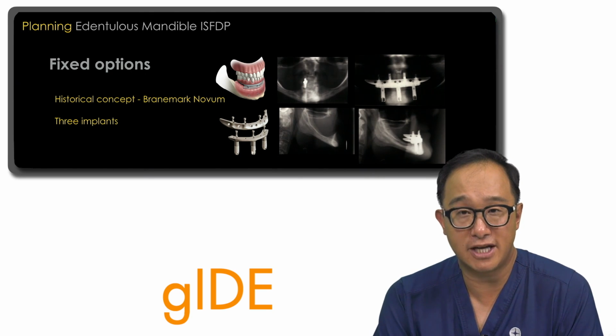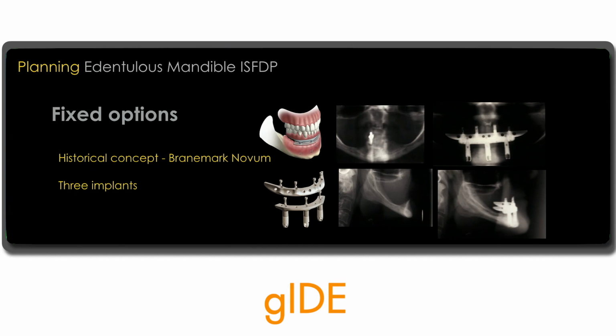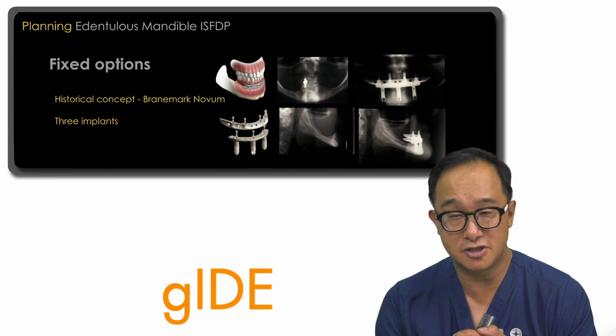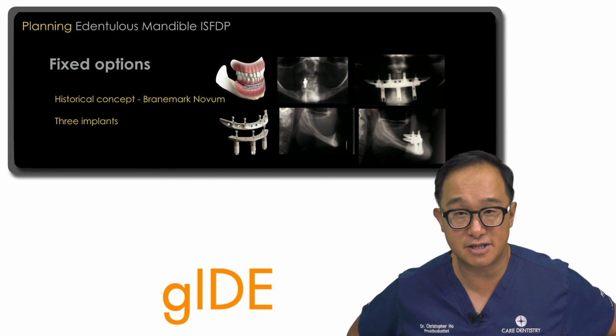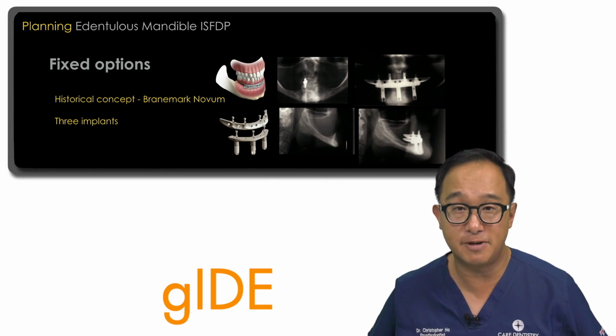So basically what happened was that we placed a prefabricated template onto the patient's mandible, drilled the osteotomy site, and placed this bar that was immediately loaded for the patient. And this approach was used to minimize the number of implants and also minimize the cost of treatment, and also immediately load for the patient.